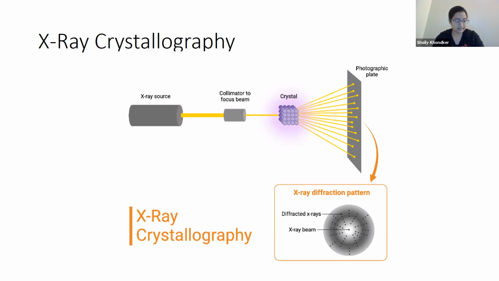So how this works is a narrow beam of parallel X-rays is directed at a sample, which is a crystallized form of the protein, which is created by purifying protein of interest in large quantities, and then performing a protocol to form a crystal structure. This beam of X-rays is directed at the protein crystal, and most of these X-rays will pass through the crystal, but a small amount of it will be scattered.